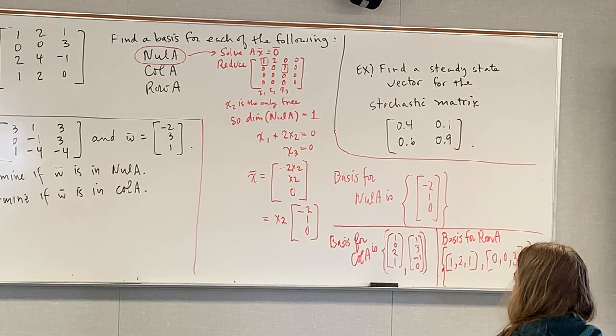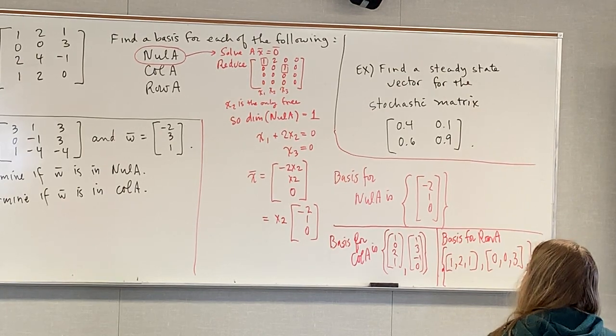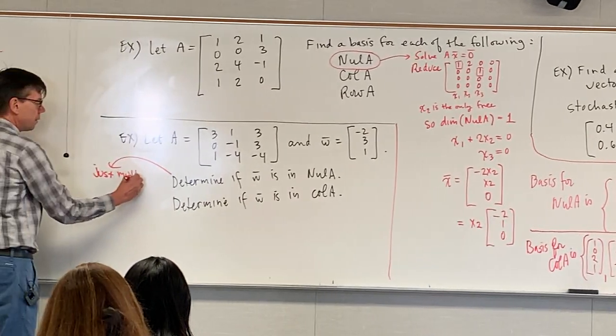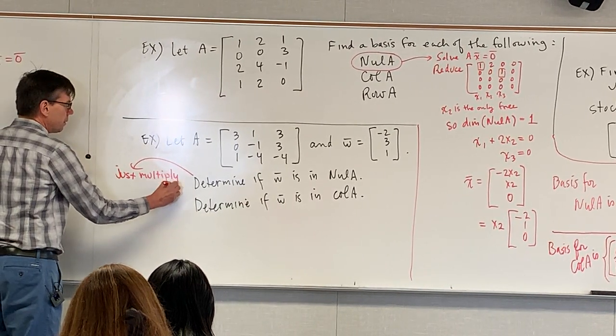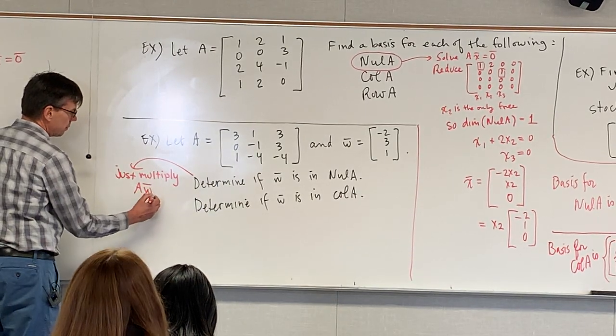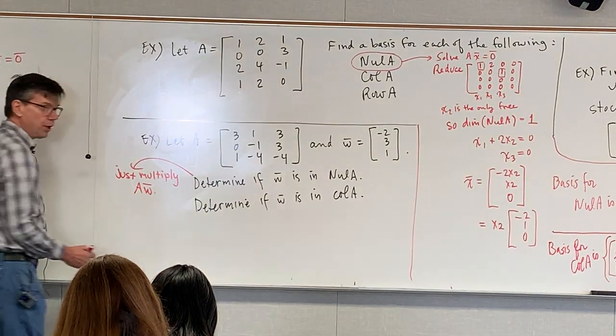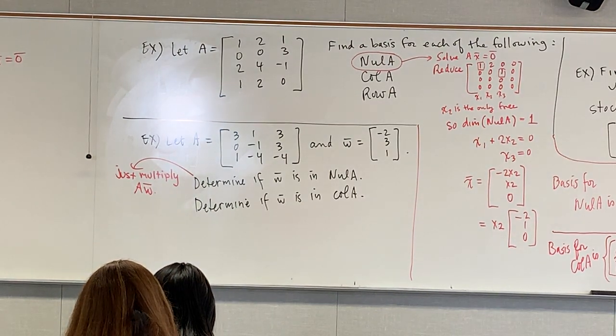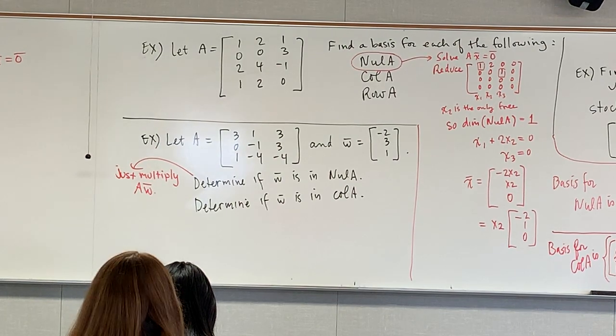See if it gets mapped onto the 0 vector. And to me this is easy, just multiply, right? Take A times W and see what you get. If it's the 0 vector, W is in the null space. If it's not the 0 vector, W is not in the null space.